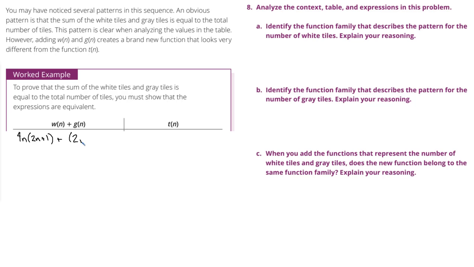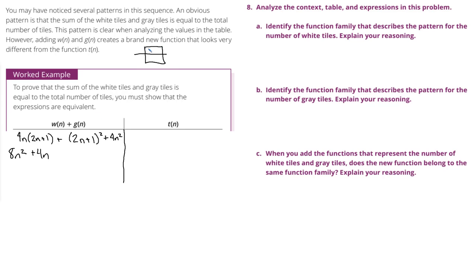Our gray was 2n plus 1 squared plus 4n squared. And so we need to figure out the multiplication of this. So 4n times 2n gives me 8n squared. 4n times 1 gives me 4n.